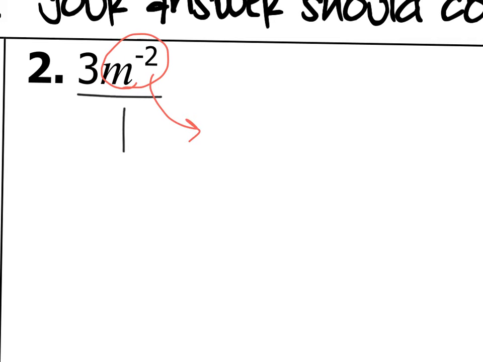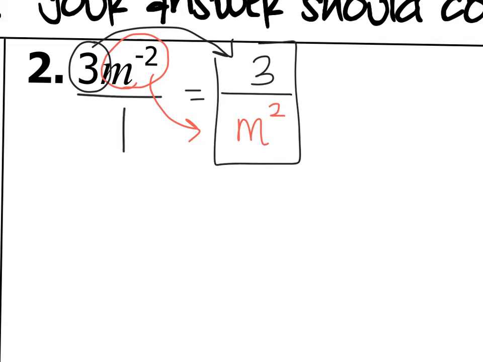That is going to move down. So m to the power of negative 2 is going to become positive 2 when I move it down. And then this 3 is still going to be on the top.